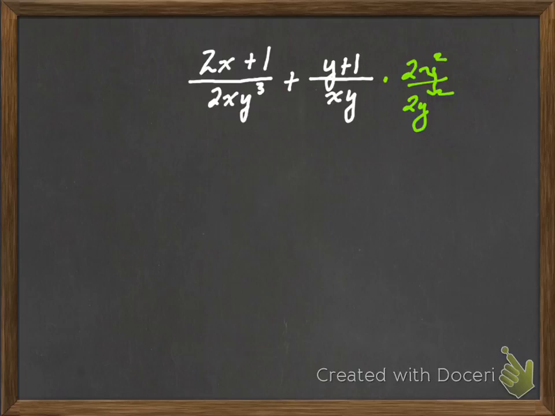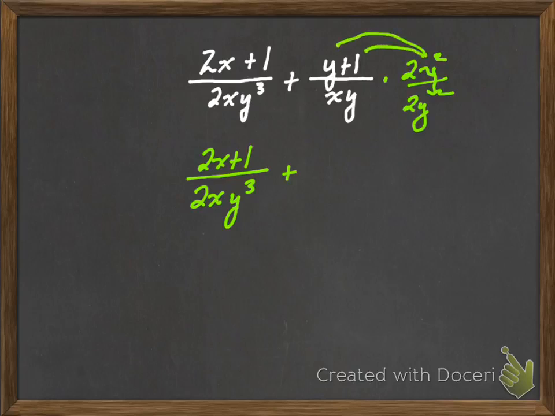And that will give us 2x plus 1 over 2xy cubed plus, and then we need to distribute here because of the addition right there. And so that's going to give you 2y cubed plus 2y squared over 2xy cubed.